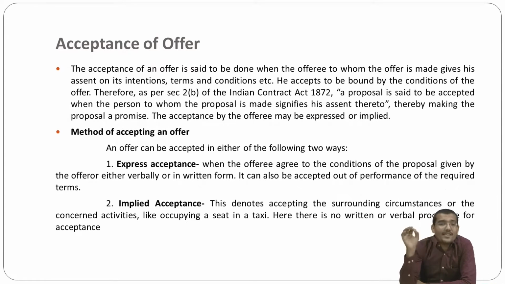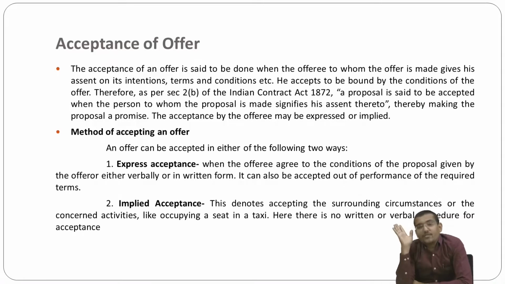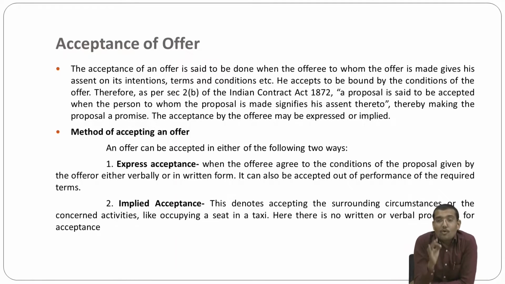The express acceptance is when the offeree agrees to the condition of the proposal given by the offerer either verbally or in a written form, and it can also be accepted out of the performance of required terms.